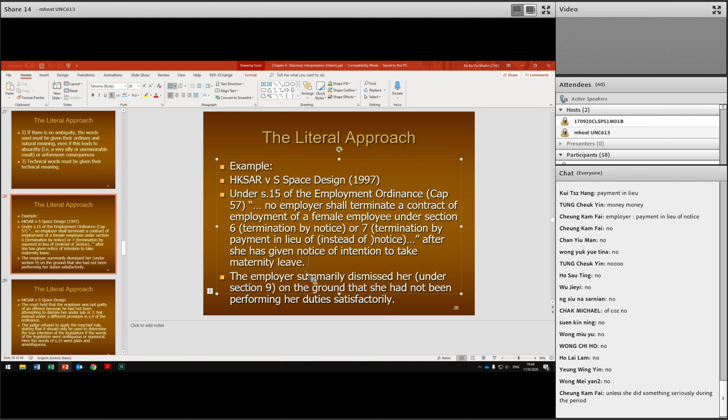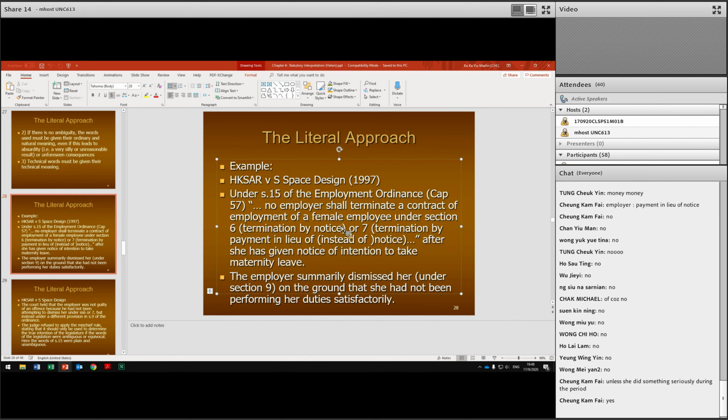So the dispute in this case is whether the employer was entitled to terminate the employment under Section 9. Because if you look at the wording of Section 15, the employer is only not allowed to terminate employment under Section 6 or Section 7.